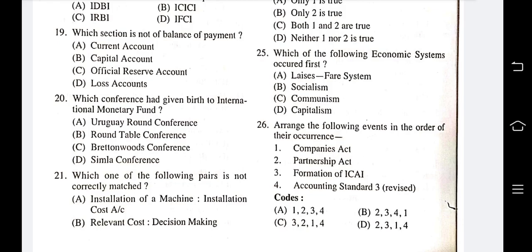I think first is the Partnership Act, then formation of ICAI, then Companies Act, then Accounting Standard. So according to these options, the answer should be D: 2, 3, 1, 4. Partnership Act, Formation of ICAI, Accounting Standard, Companies Act.